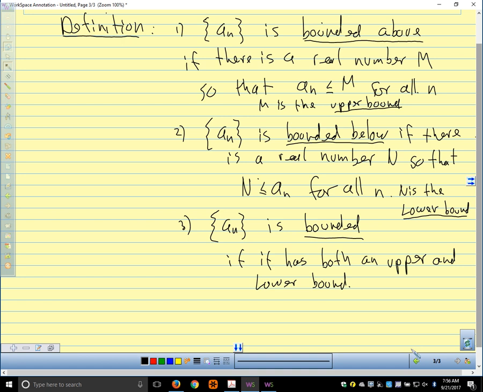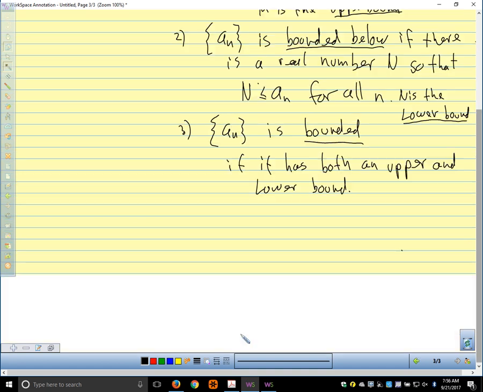So what that means is if we have some kind of bound on a sequence, then it has a least upper bound, the smallest one. And we can also say it has a greatest lower bound. This gets kind of complicated. But what we're going to say is that bounded monotonic sequences converge.